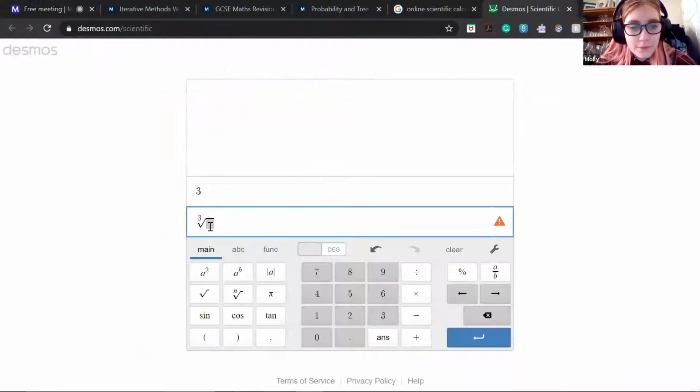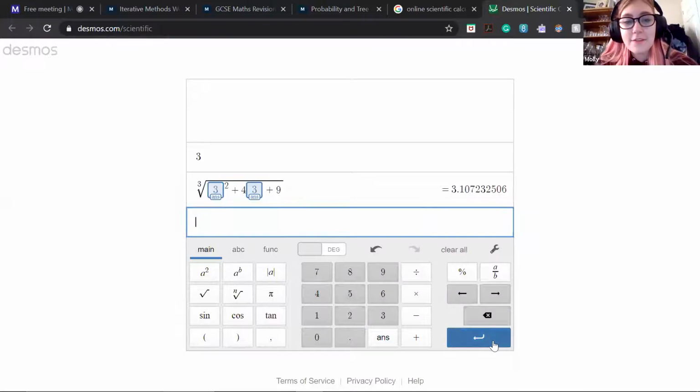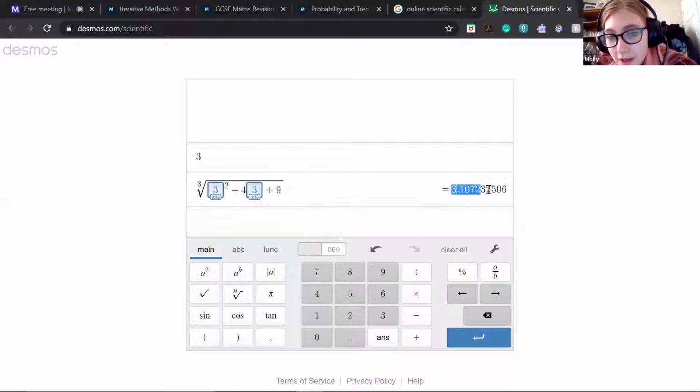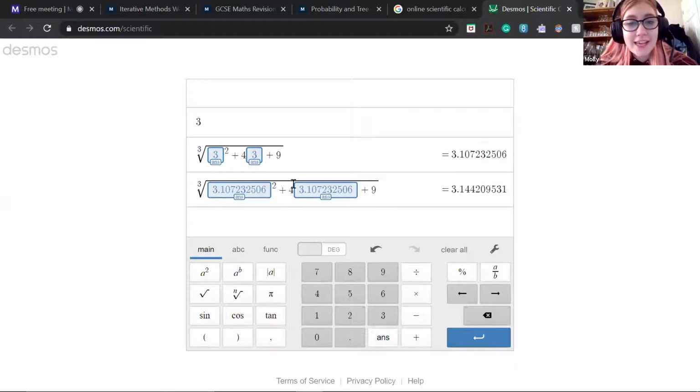It's telling us what the answer currently is. Then we can hit this, and this has done it for the first one. So look, this is our first iteration, which gives us 3.107232506. And then if we just hit enter again, you see how it does the same thing, but it now puts our new answer back into the calculation.